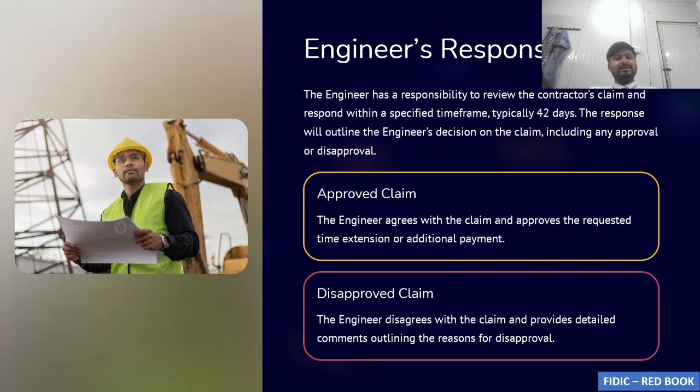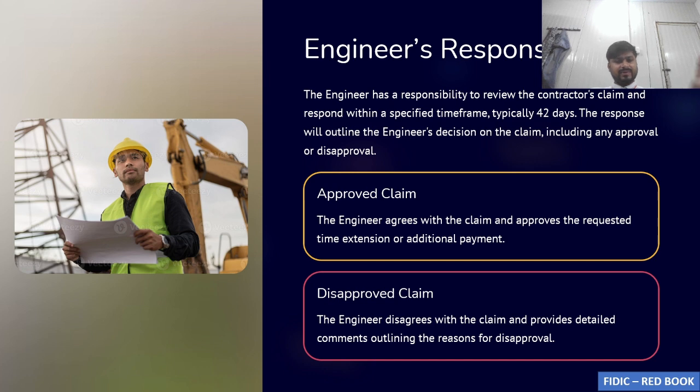Once you submit it, the engineer will take some days. It's a cyclic process. Within 28 days you have to submit, and after that he will take some time, and within an accumulative 42 days the engineer has to respond to the contractor's claim. If he approves it, it means whatever claim you submitted, he has agreed.